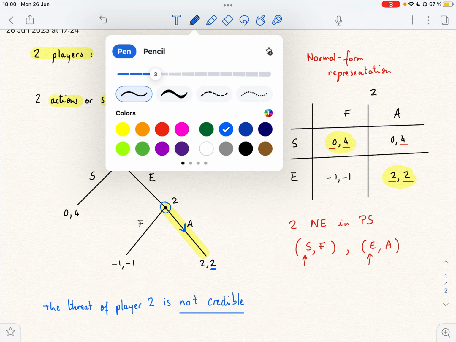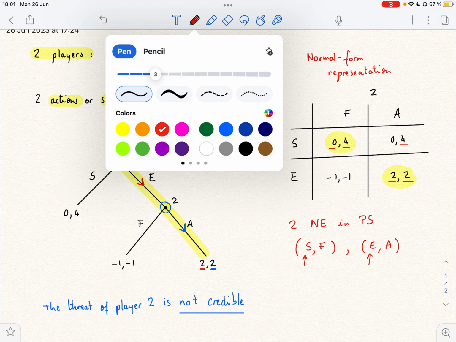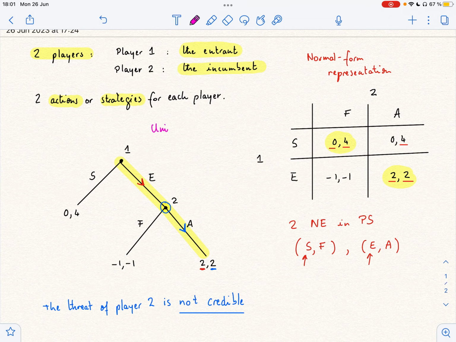And now, given that player 2 will always choose to accommodate if player 1 enters, then what player 1 has to compare between staying out and getting a payoff of 0 and entering is the payoff of 2. And here player 1 would much prefer the payoff of 2 to enter, right? And so here we will be left with a single equilibrium, which is the unique SPE of the game, the unique subgame perfect equilibrium.